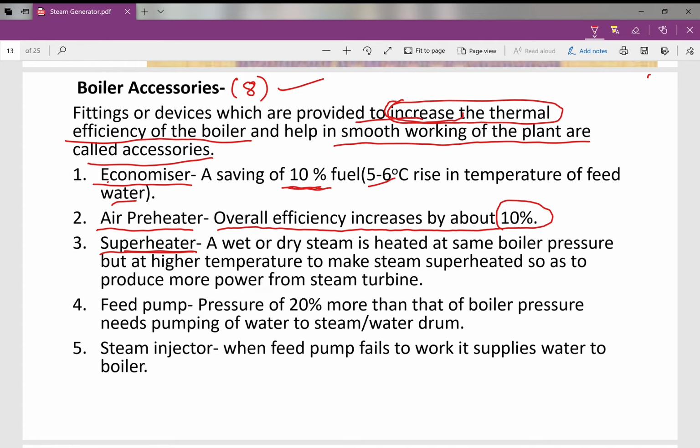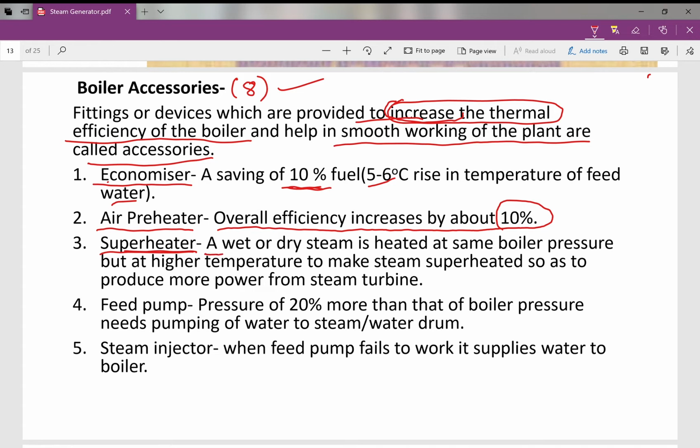Therefore, at the inlet of the steam turbine, the enthalpy of steam should have more value. So to get more and more enthalpy value at the inlet of the steam turbine, we supply superheated steam, and therefore a superheater is provided.